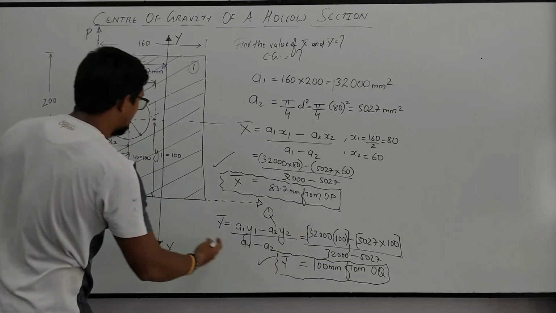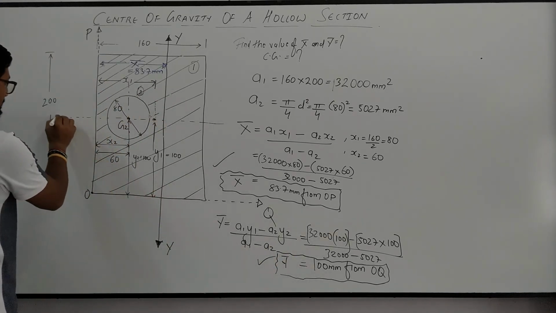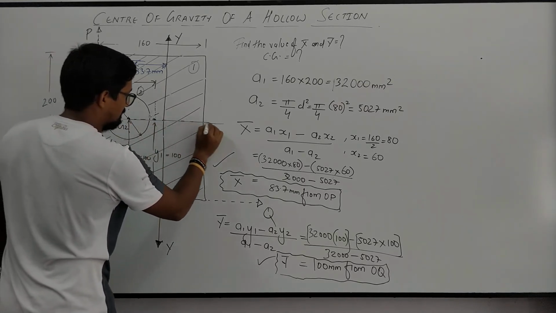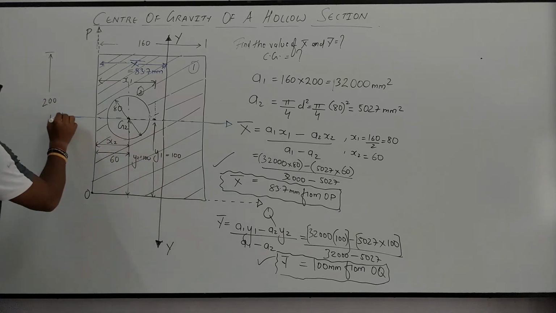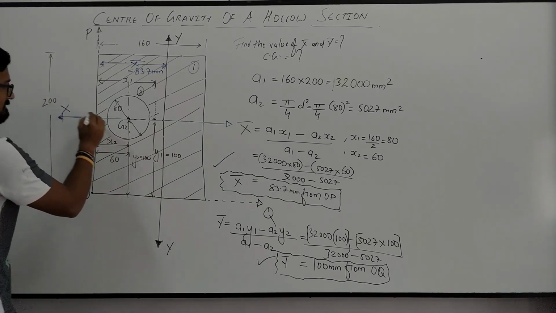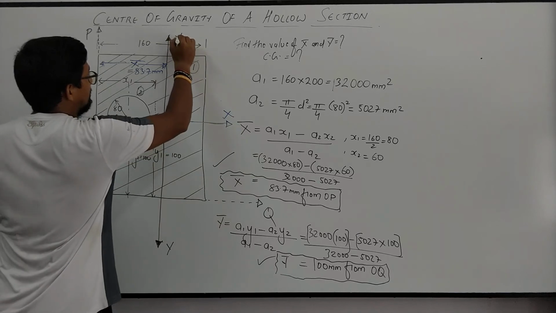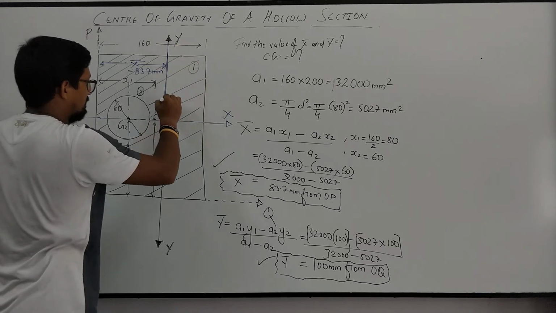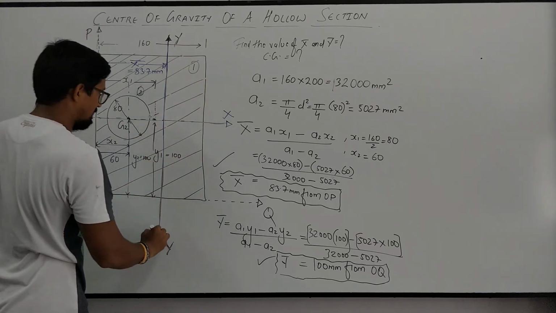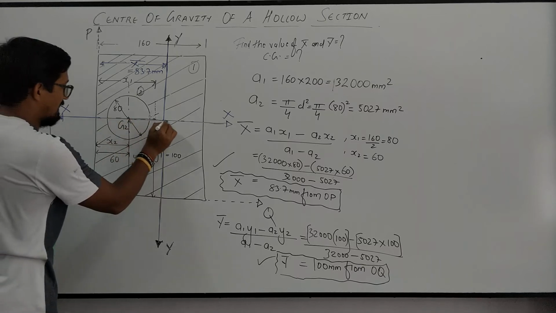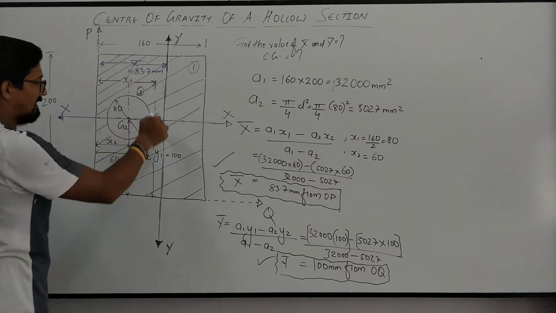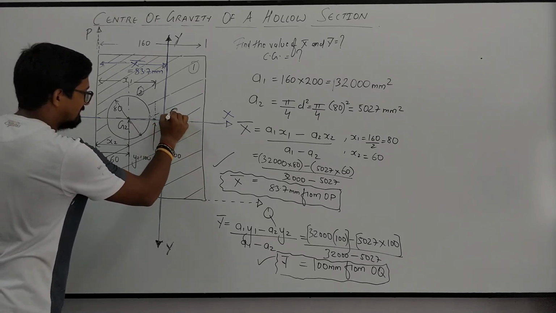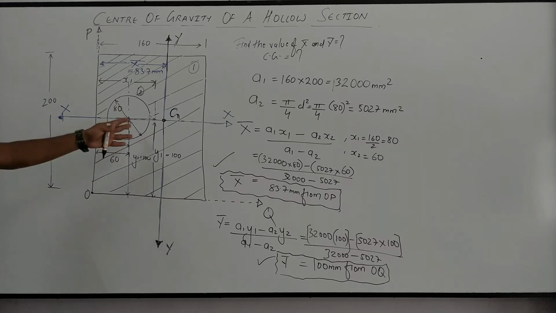Next, Y bar is 100. So Y bar of 100 mm is here itself. So this is X and this is Y. The point at which the XX and the YY axis intersect is the CG of the figure, correct?